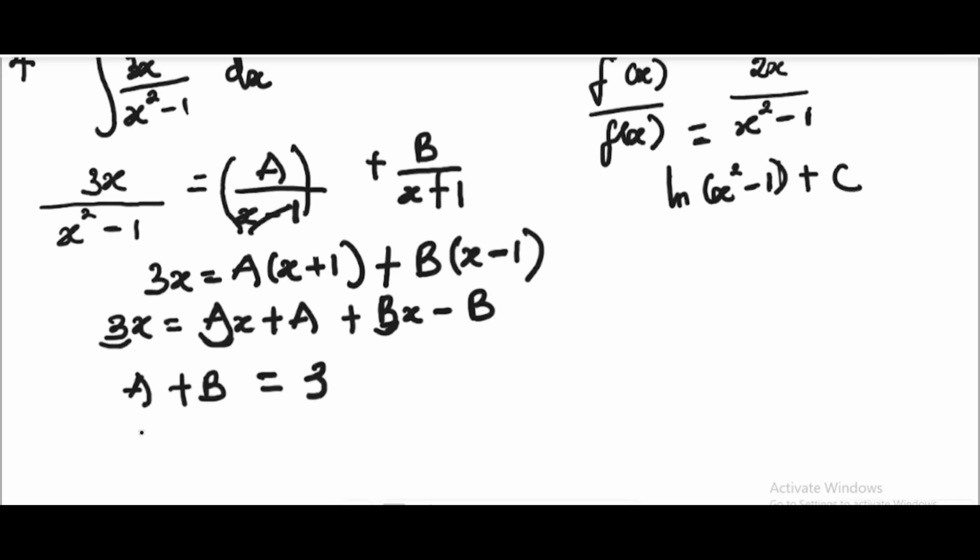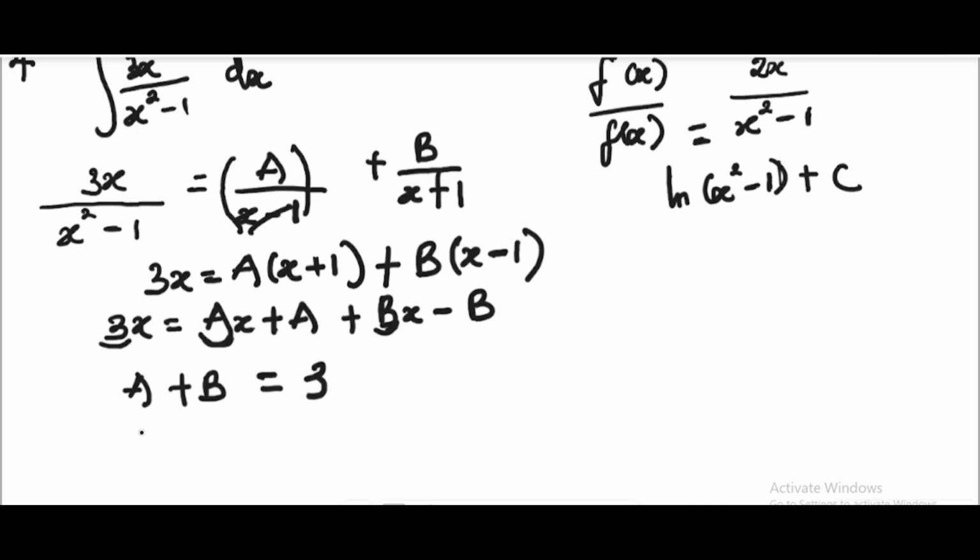So if that's the case, what do we do? Coming back, we've gotten our a and b, so let's replace. 3x over x squared minus 1 is equal to our a, which is 3 over 2, into 1 over x plus 1, plus our b, which is also 3 over 2, into 1 over x minus 1.